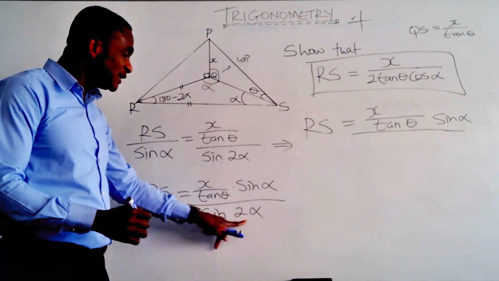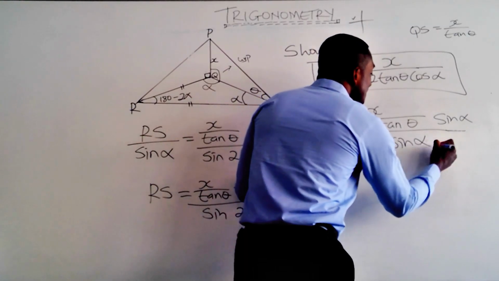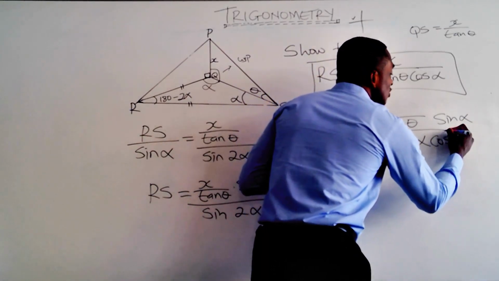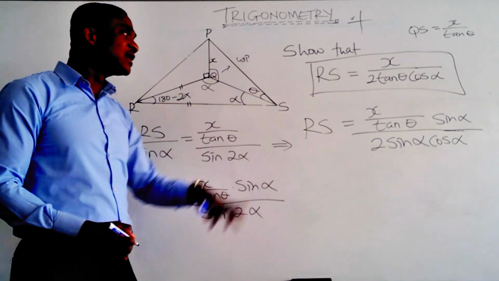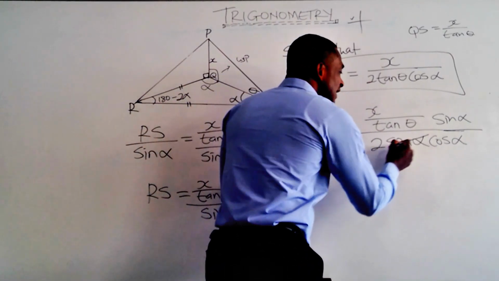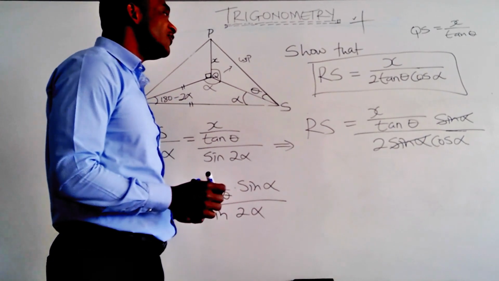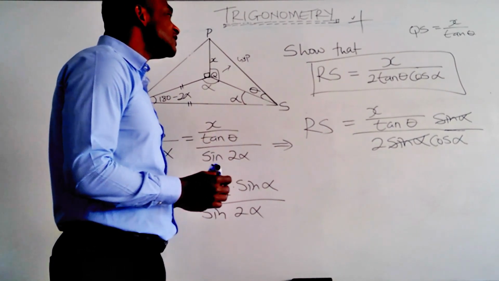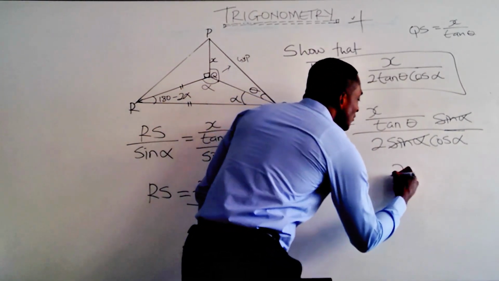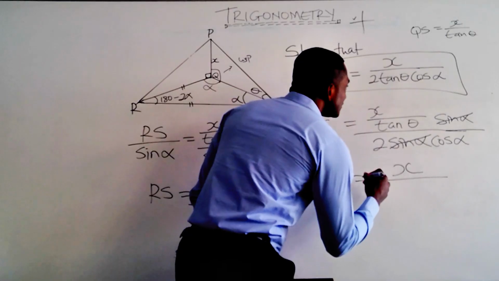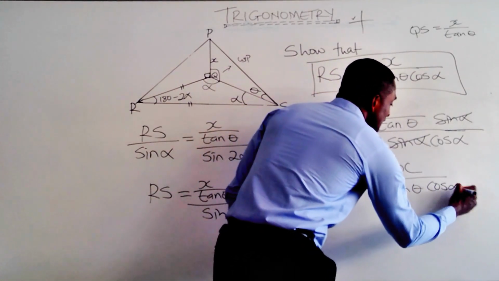Sine of 2 alpha is a double angle, so this can give us 2 sine alpha cos alpha. That's the double angle identity. So in this case, sine alpha can cancel out sine alpha. We have cos alpha. So x over tan theta divided by 2 cos alpha. If we simplify, we then get x over 2 tan theta cos alpha.